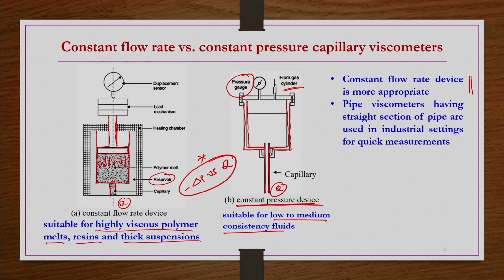And then pipe viscometers having a straight section of pipe are used in industrial settings for quick measurements, as I already discussed in the previous lecture, that pipe flow is a very common phenomenon in any of the process industries wherever fluids are flowing. So, if you wanted to know instantly the rheology or the apparent viscosity of the fluid under operating conditions, for a given pressure drop and volumetric flow rate, you can have a kind of slit within that pipe at different locations, and periodically you can collect the flow rate and then measure the rheology for a given delta P versus flow rate information.